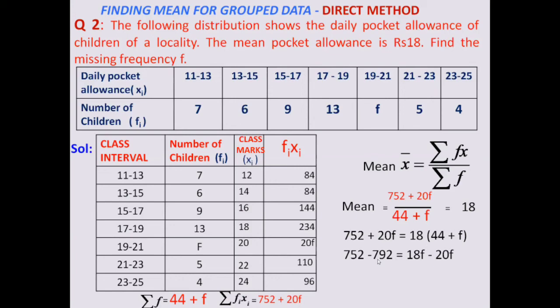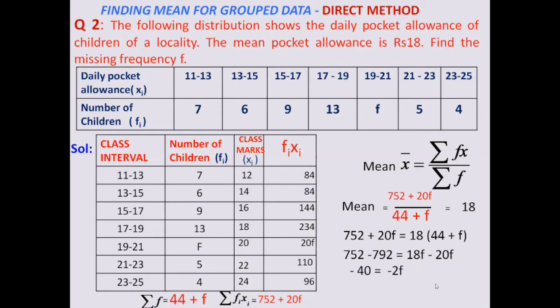We take the 20f to the other side, the symbol will change, minus 20f. 752 minus 792 is minus 40. 18f minus 20f is minus 2f.